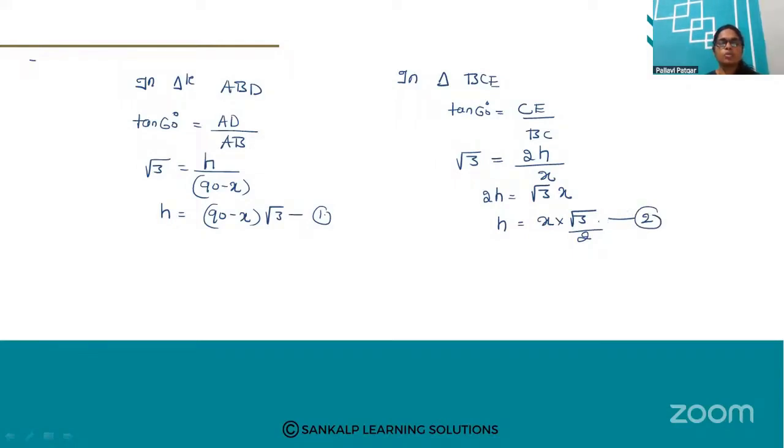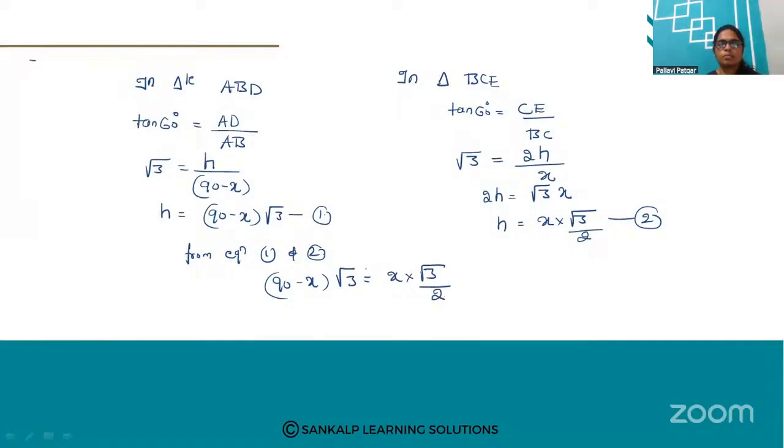Now from equations 1 and 2, 90 minus X into √3 is equal to X into √3 divided by 2.